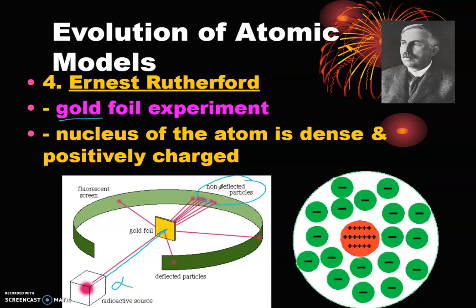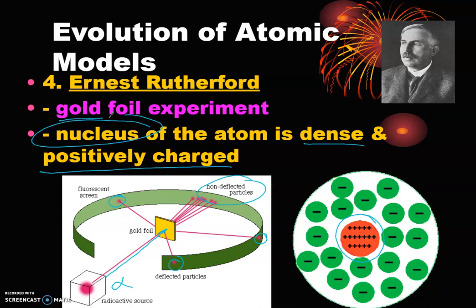Most non-deflect, they go straight through, but every so often there is a very, very, very succinct deflection, and that deflection is going to mean that there is a dense, positively charged nucleus. So this is the discovery of the nucleus.